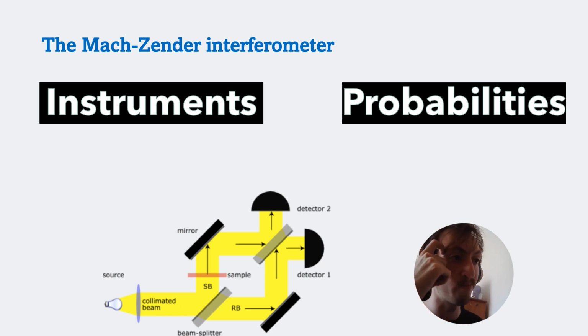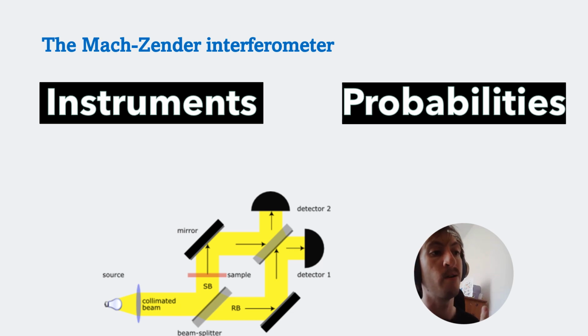Now if the beam splitters cause there to be a 50% chance of deflecting the photon by 90 degrees compared to the direction in which it hit the beam splitter, then we would expect for a photon travelling this path to have a 50% chance of being found at detector 2 and a 50% chance of being found at detector 1.